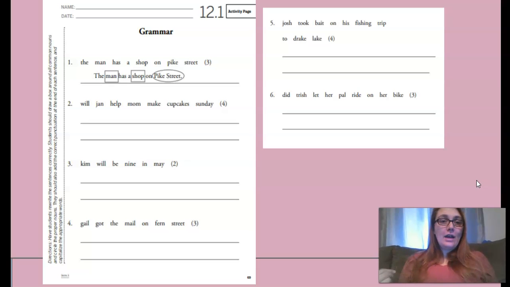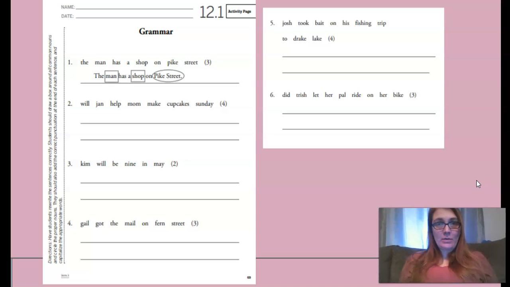Okay. Then notice that there's in parentheses the number 3. So that means there are 3 nouns in this sentence. Man, it's a person, shop, and Pike Street. Pike Street and shop are the 2 places. Okay, so you need to indicate the nouns in the sentence.